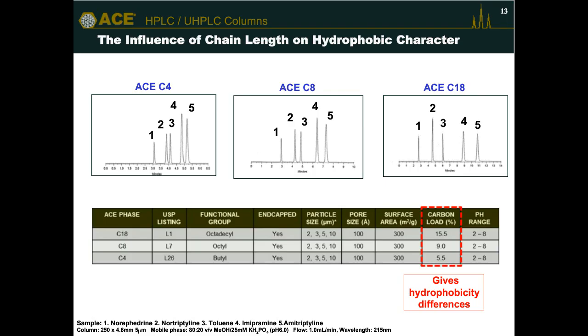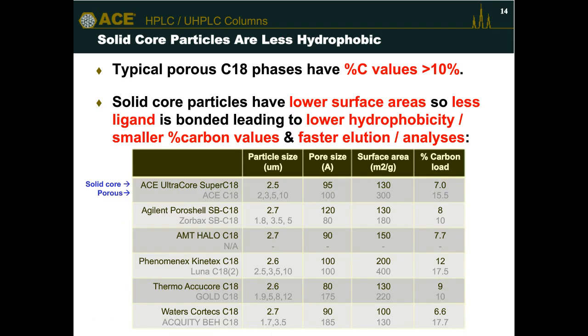And if you then go to solid core particles and you look at the solid core column versus the equivalent fully porous column, you'll see that the surface area is lower and then the percentage carbon load is lower for any vendor that you look at. And this is just because of the particle architecture.